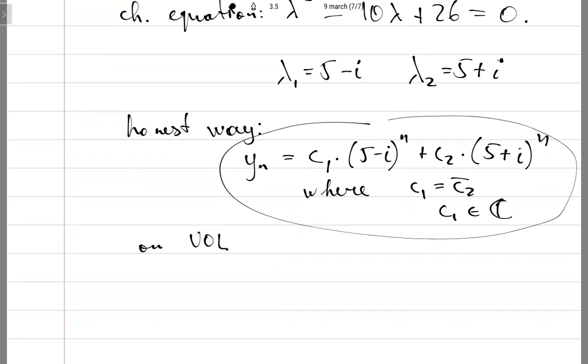on the exam, it's better to avoid this. So go to the trigonometric form. But that's a correct way. If I leave it with complex numbers, it's correct. I don't see why they prefer the other.